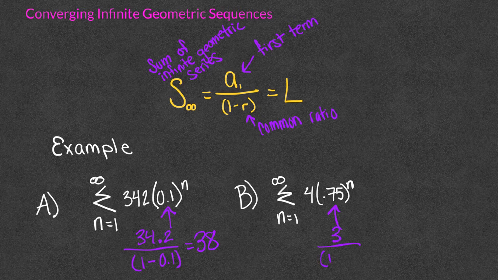And then I'm going to divide that by 1 minus 0.75, plugging in my r value using parentheses. So 3 divided by 1 minus 0.75 is going to equal 12. So again, if I take all the numbers from 1 to infinity, plugging that in for n, calculating that sequence, and I add all of them up, my sum would then equal 12.